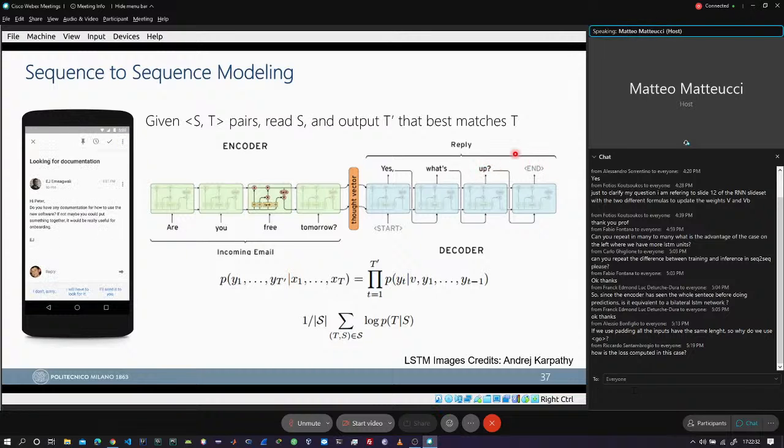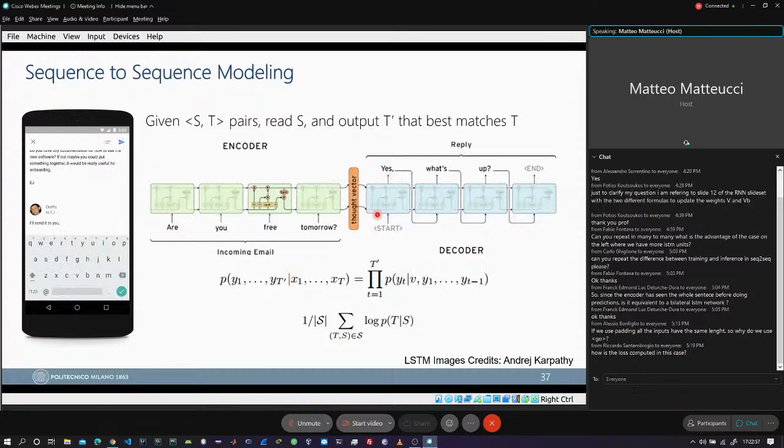So you actually have four conditioned probabilities, four classification tasks, and you consider them conditionally independent. Given that I already said yes, what is the probability of what?